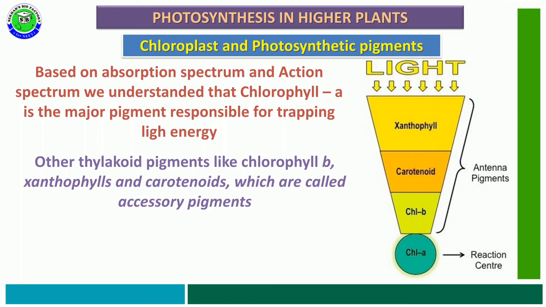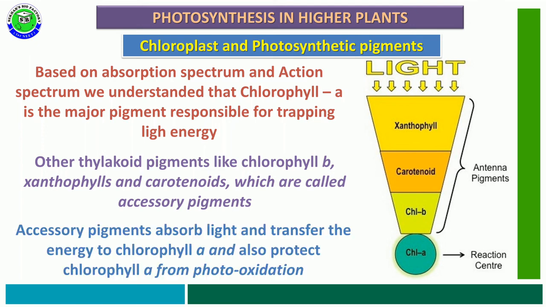This absorbed light energy is then transferred to the reaction center with the chlorophyll A molecule, because when the light energy is absorbed directly by chlorophyll A pigment, the chlorophyll A pigment may be damaged. So the light energy is first absorbed by xanthophyll, carotenoid, and chlorophyll B pigments, and only then is this absorbed energy supplied to the chlorophyll A molecule in the light reaction.